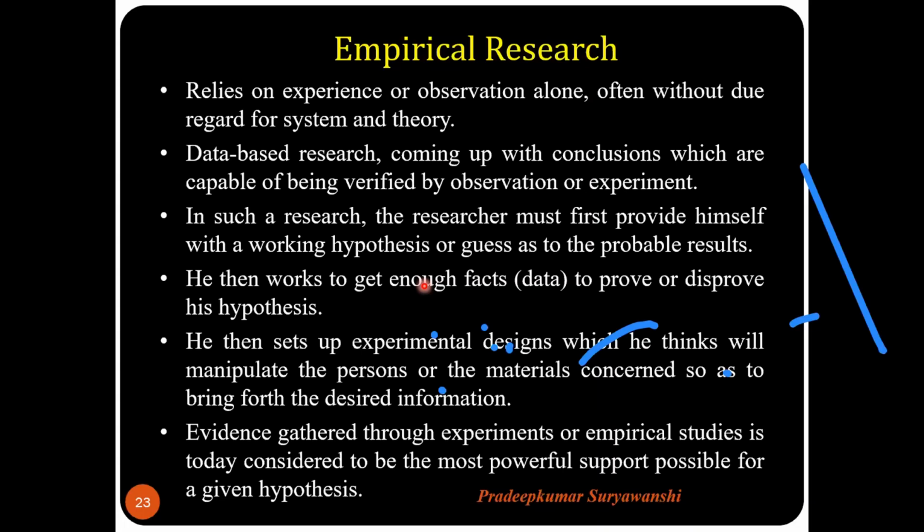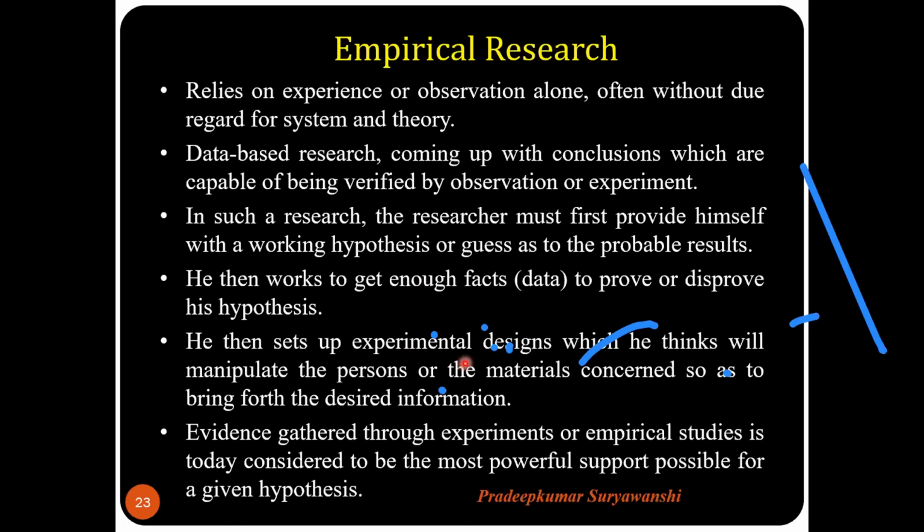But ultimately, due to this exercise of proving and disproving, the hypothesis is proved or it is disproved. If it is proved, then we get new knowledge. If it is disproved, the false knowledge is removed. So that is the way research grows and our scientific knowledge grows.